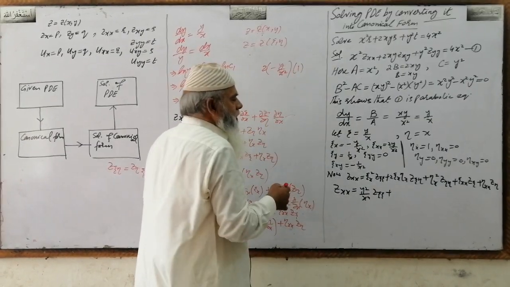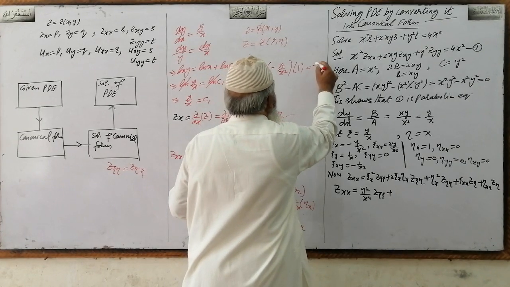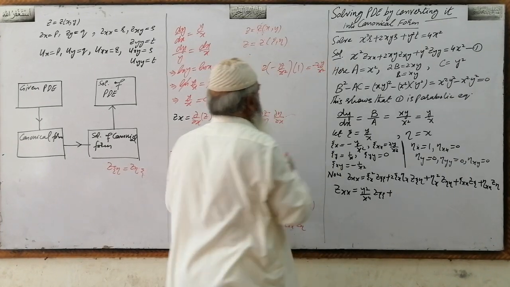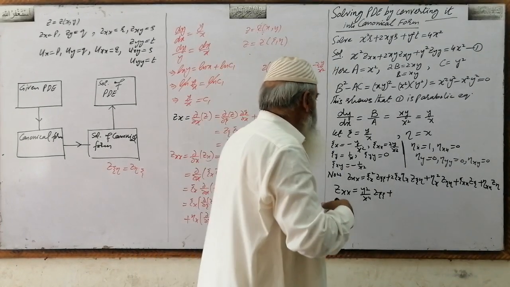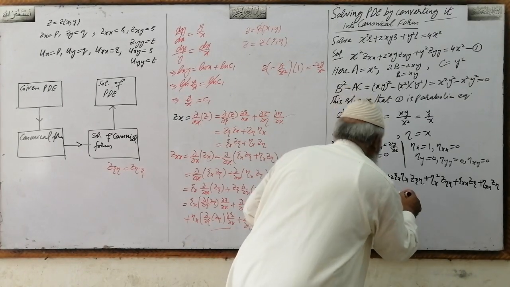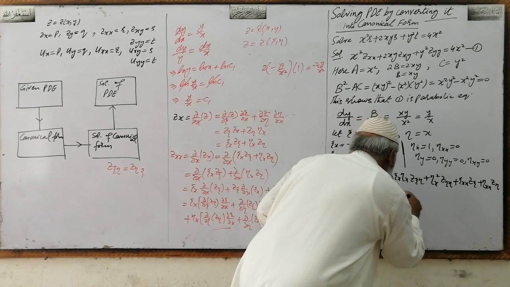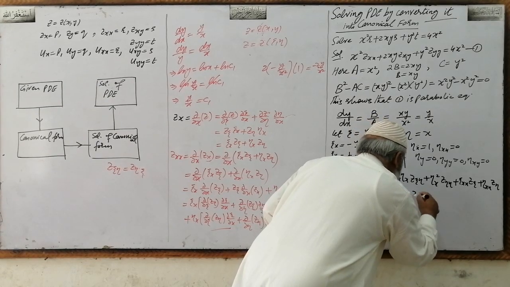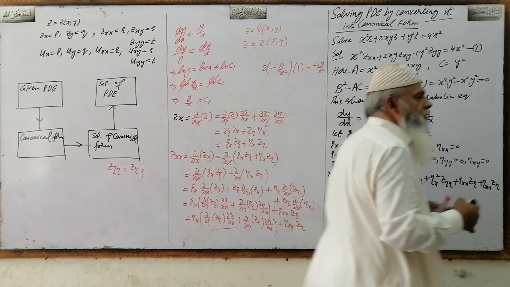I think eta x is equal to 1. Therefore, this will give you minus 2y over x square z xi eta.